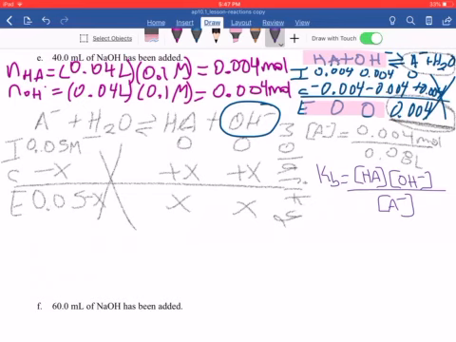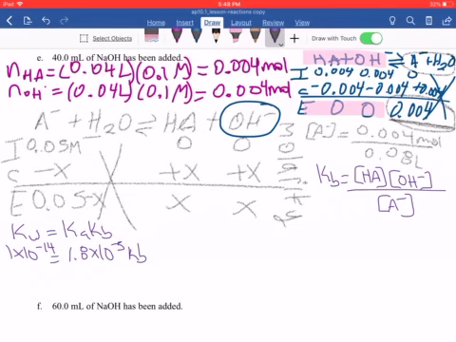We don't have Kb, but we do have Ka, so we can do a little quick step over here. Kw is equal to Ka times Kb. We know that Kw is 1 times 10 to the negative 14. Ka was given to us up above, 1.8 times 10 to the negative 5th. Divide to both sides to find our Kb, and we can plug that back into our equation.